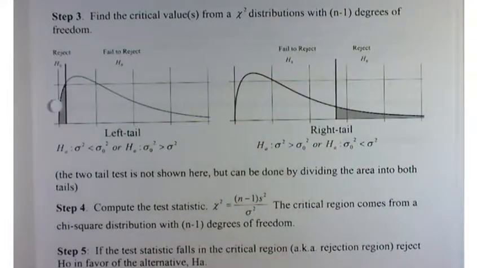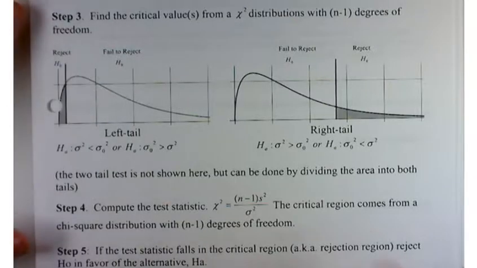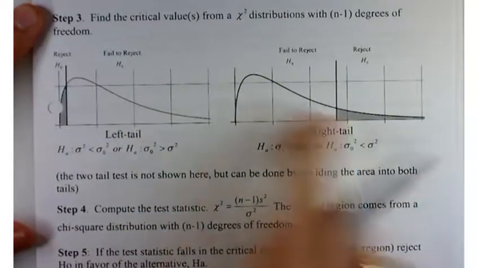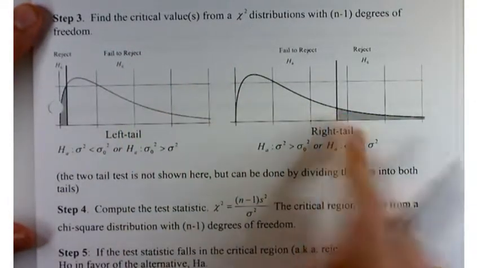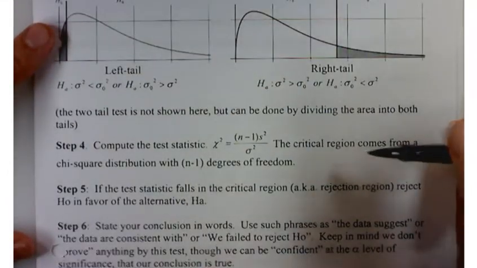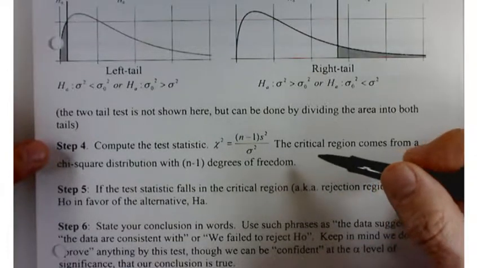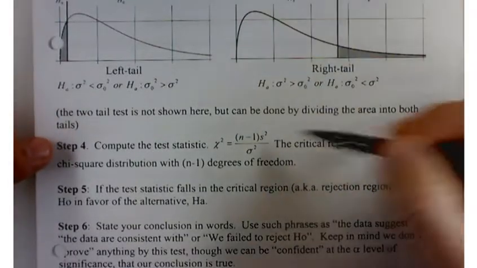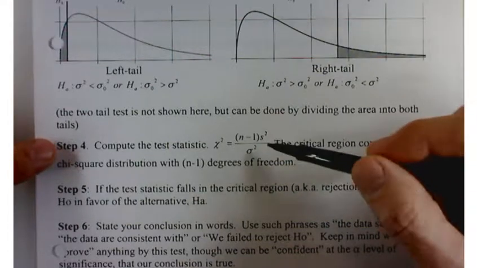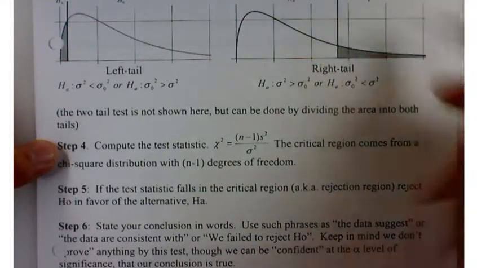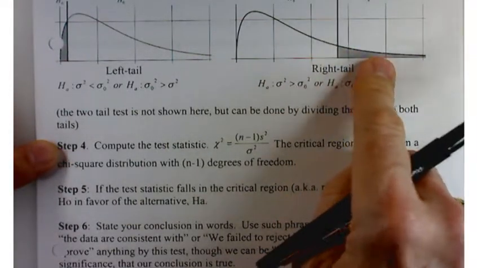That chi-square distribution is going to have n minus 1 degrees of freedom, where n is your sample size. Not shown here is the two-tail test, but it's essentially the same. If you're doing it old school, then you would compute a test statistic with these degrees of freedom and compare the test statistic to the critical values and decide, are you going to reject or fail to reject?